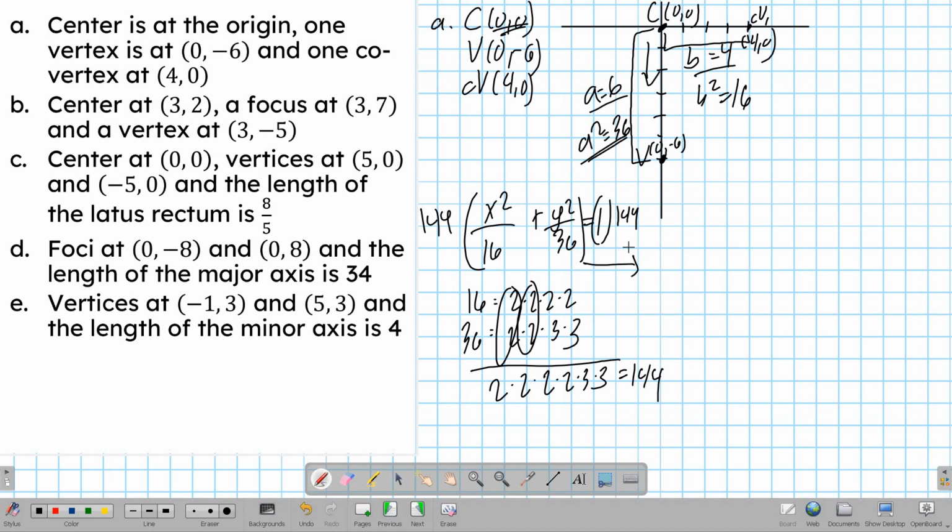Therefore, 144 divided by 16 gives us 9, that's 9x squared, plus 144 divided by 36 is 4, so 4y squared is equal to 144. To make it general form, that should be 9x squared plus 4y squared minus 144 equals 0.